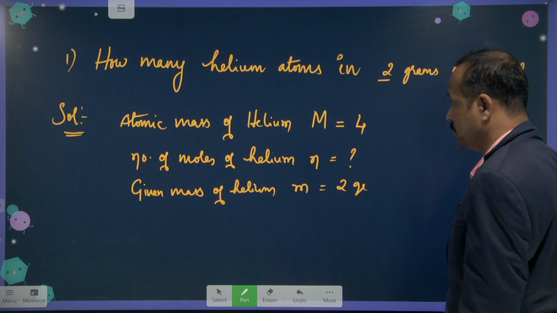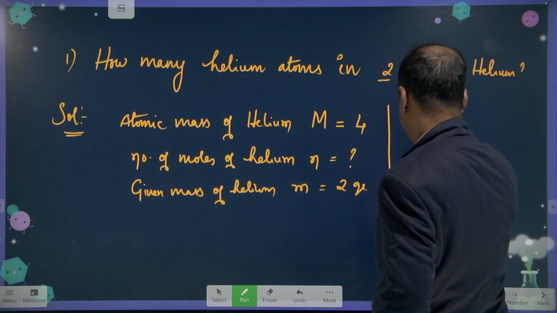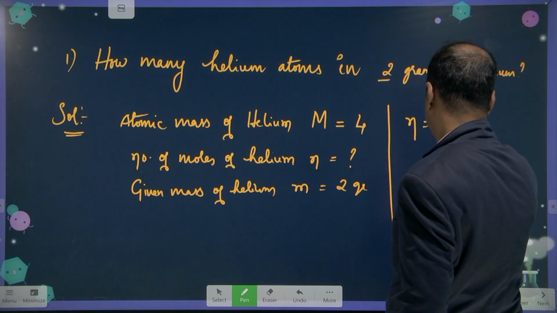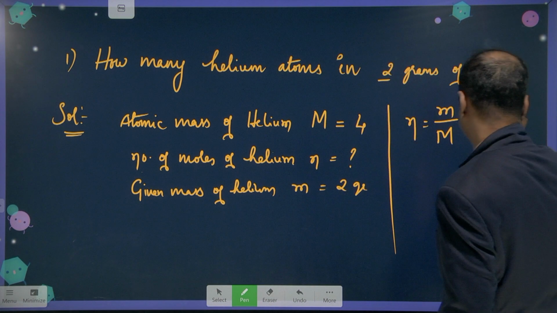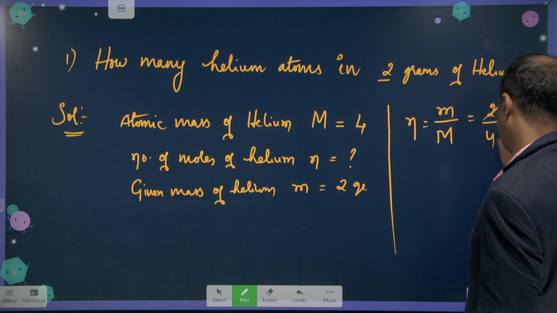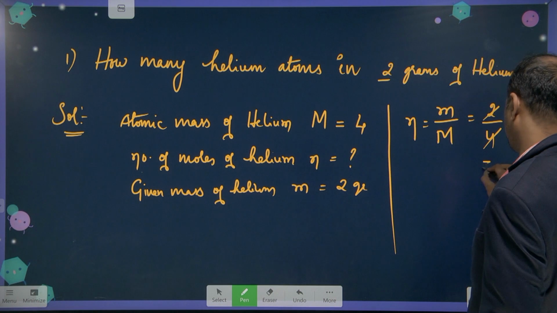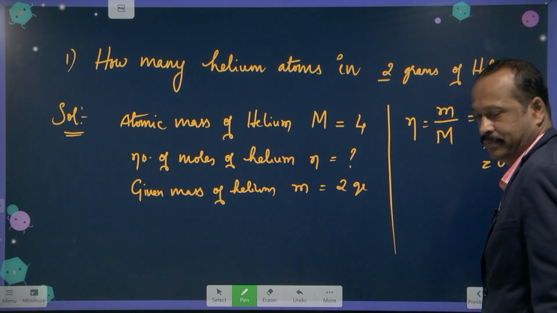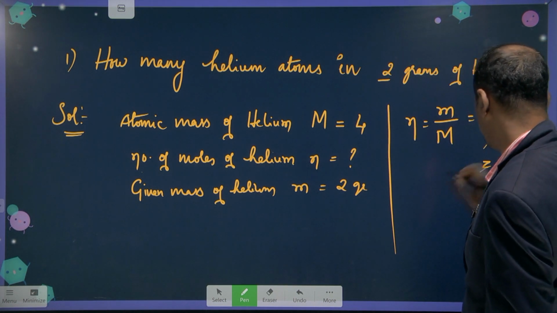Now substitute. n is equal to small m by capital M. So that is equal to, small m is how much? 2 by 4. So that comes to 1 by 2. Okay. 1 by 2, or you can write 0.5 also. 0.5 moles. Is this clear to you? Now we got 0.5 moles here.